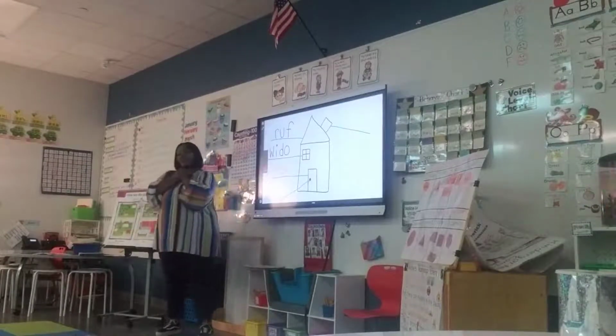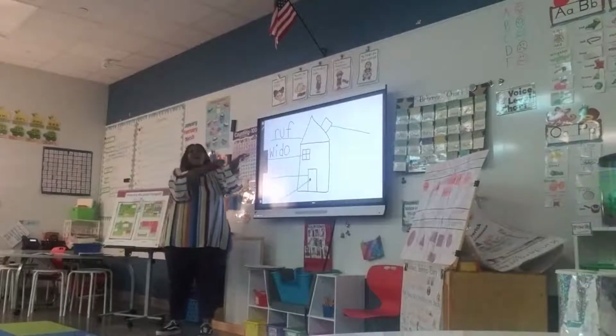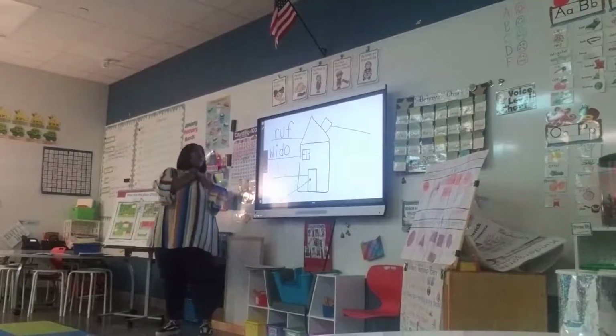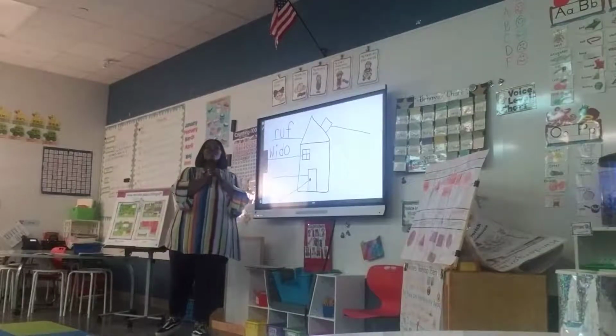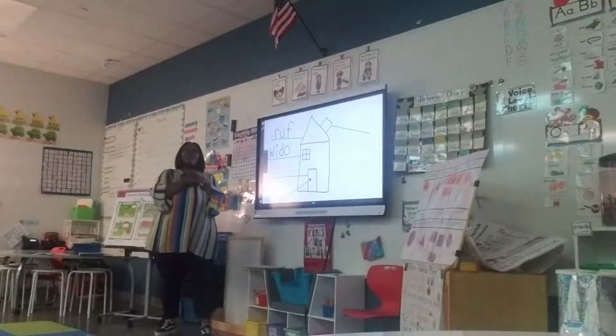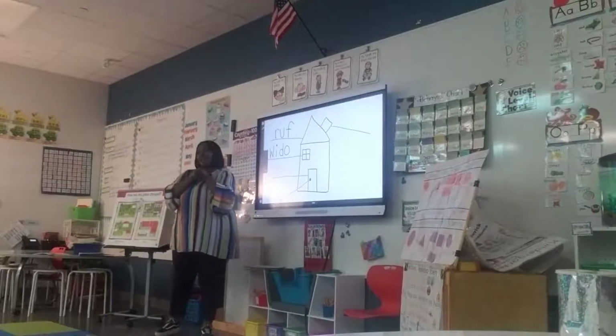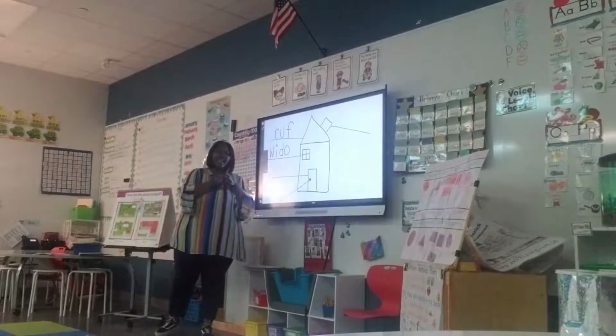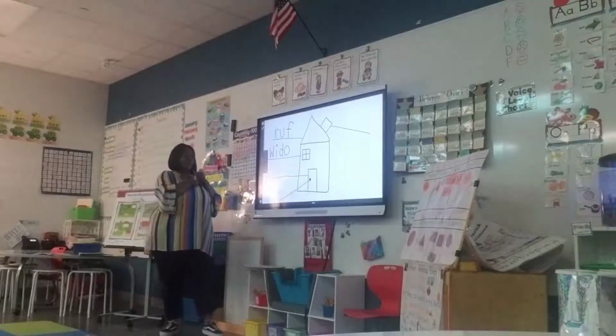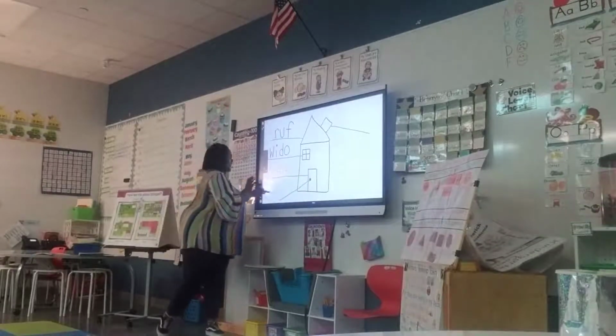One more time, just for double checking. Knob. The first letter that I hear is the N sound. I know that the N sound is the letter N. So let me check and write that down. The letter N.